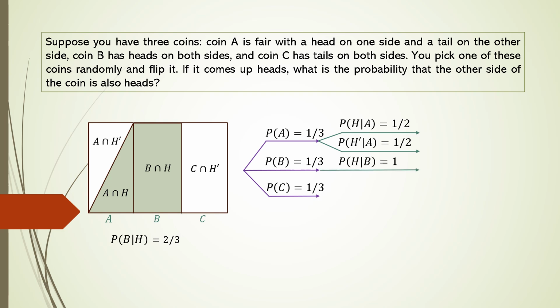If we have coin B, the probability to have a head is 1 because both sides of coin B is a head. If we picked C, so given the coin is C, the probability of having H would be 0. So I only show non-zero probabilities here.